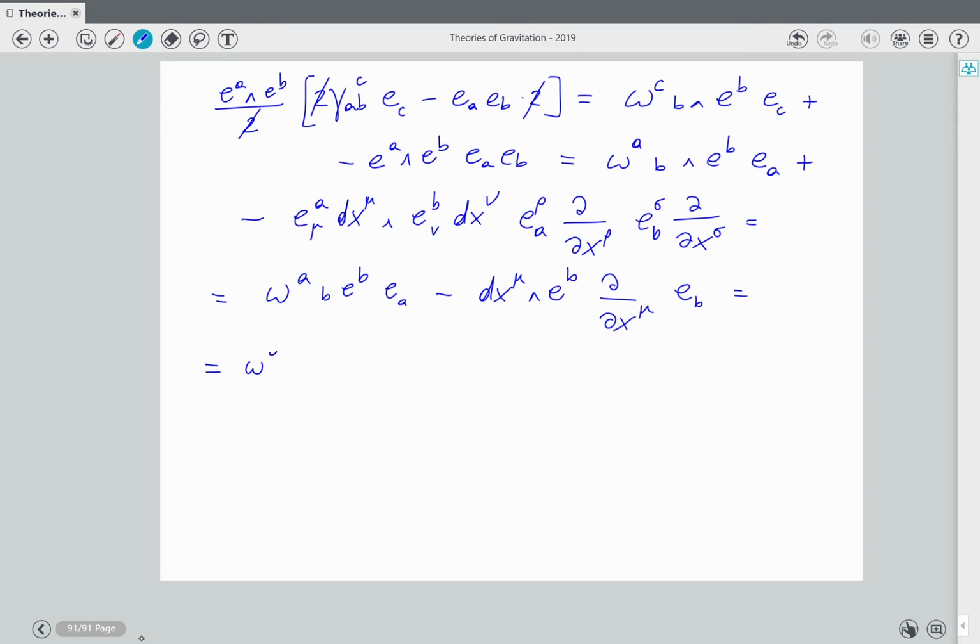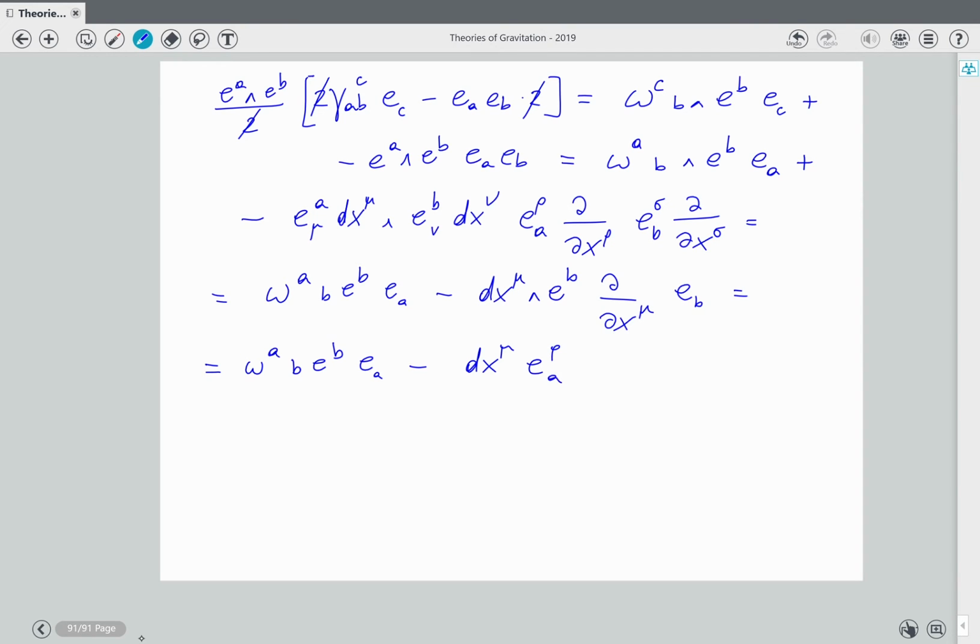So you have omega AB, EB, EA minus dx mu. Okay, we have to do the calculation. There is little we can do now, so let's do the calculation.